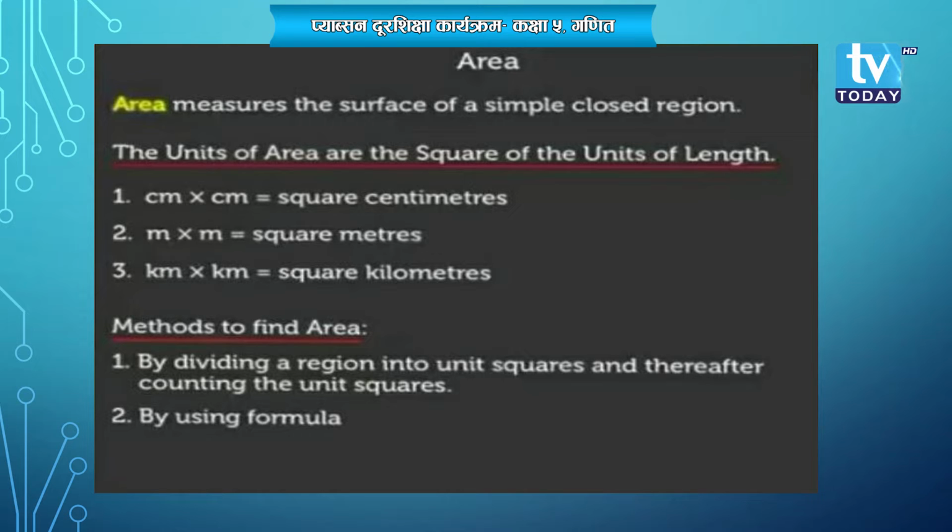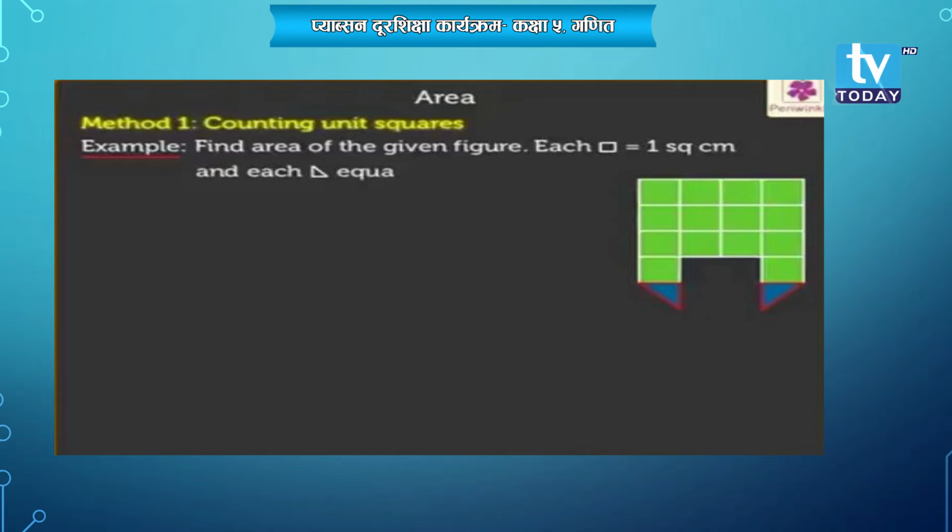you can draw in your graph copy, in a square copy also. If you draw the pictures there, you can count the boxes in the square form. That one single unit box gives 1 centimeter as a unit. If you are taking centimeter, it gives 1 centimeter. If you are taking meter, it will be 1 meter.